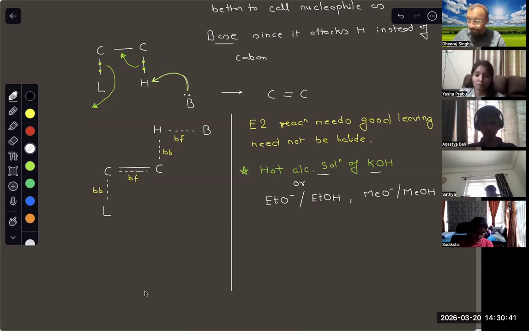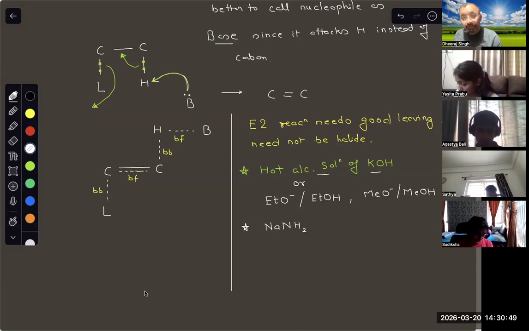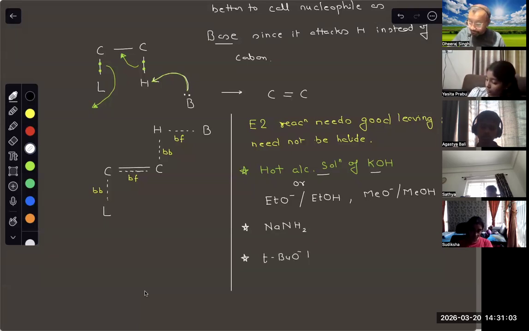That also will do. You need a very strong base, NaNH2. NH2 minus is extremely small, an extremely strong base. NH2 minus can take the H plus and become ammonia. Then you have bases like tertiary butoxide in tertiary butyl alcohol.